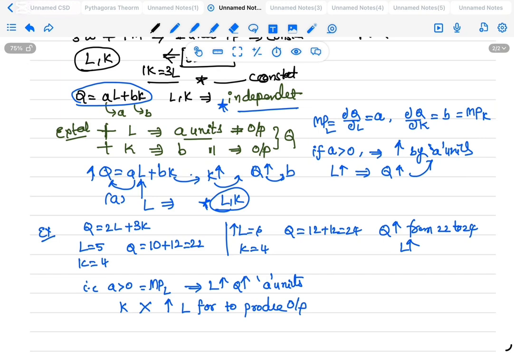Only if we increase the labor, the output Q is increased by A units. But in a Leontief production function, both labor and capital must increase for the output to increase.